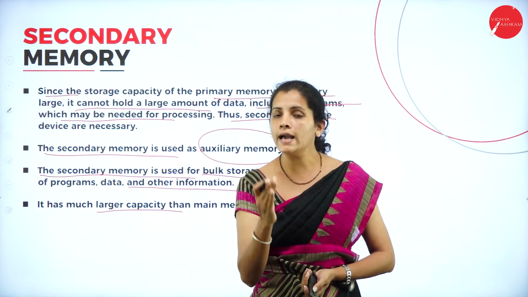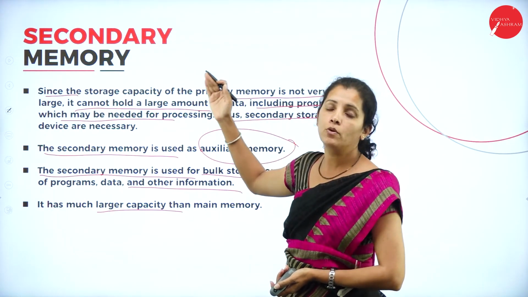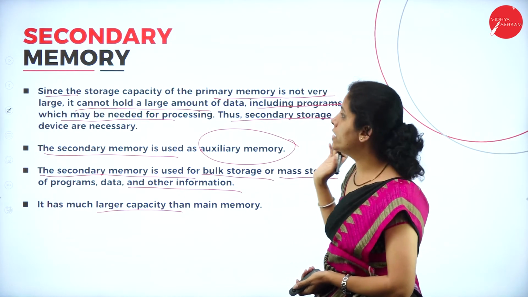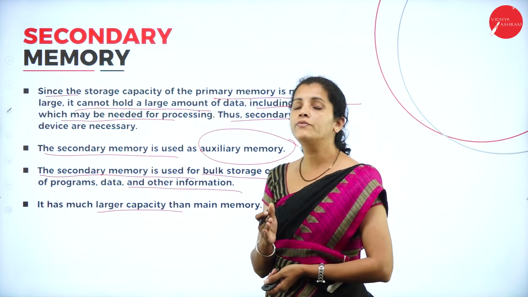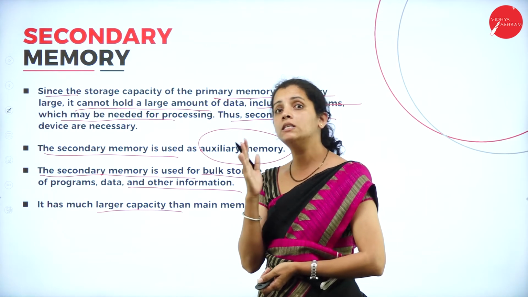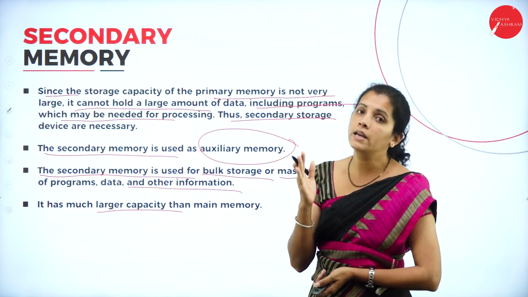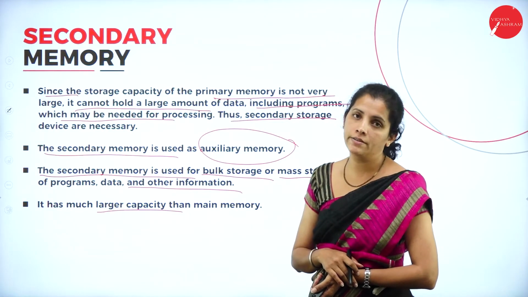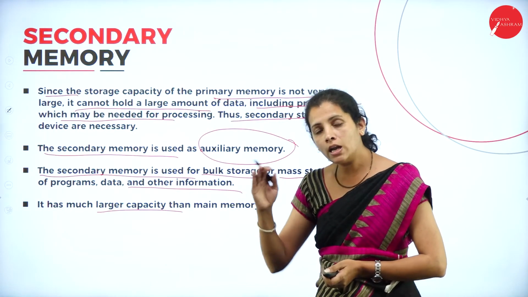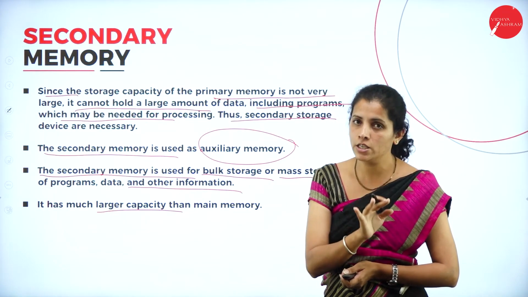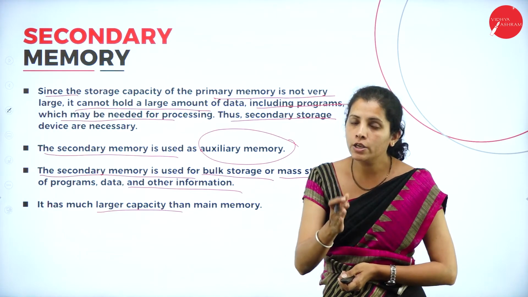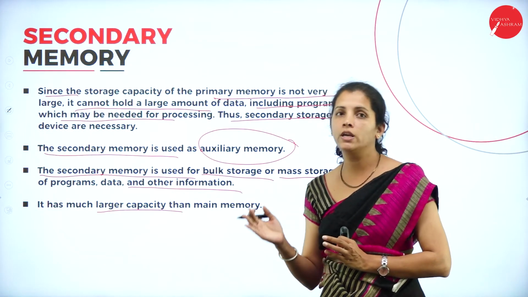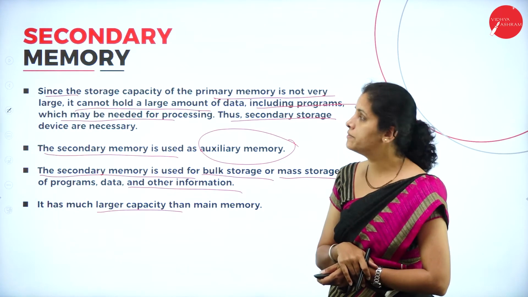That means the size of the secondary memory is always larger than primary memory, but the execution speed of secondary storage devices is very low. So, in order to match with CPU execution, before executing any data, the data must be brought from the secondary storage device to the primary storage device.